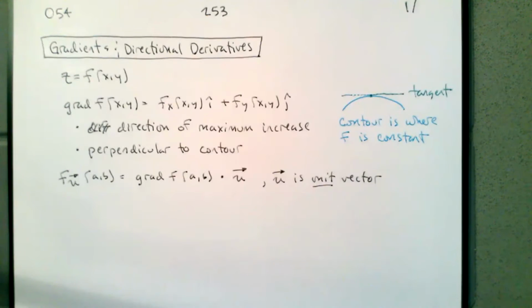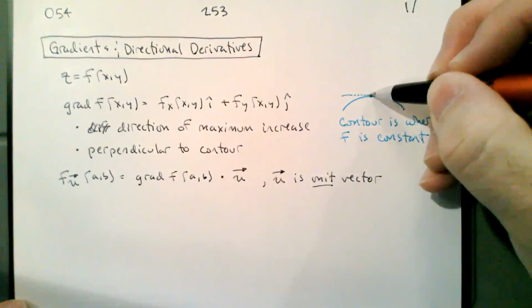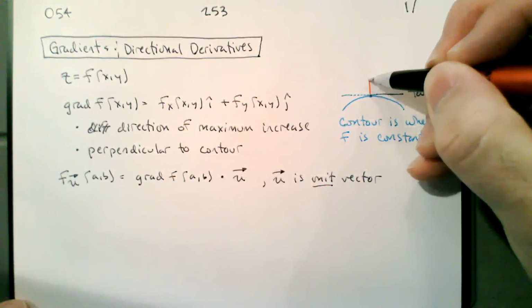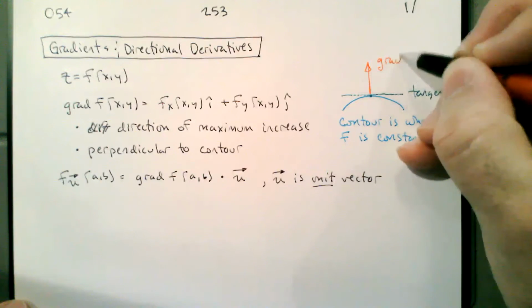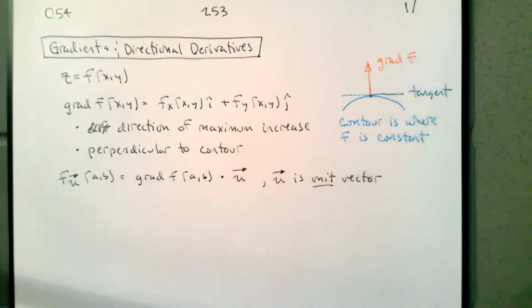If we're running tangent to the contour, if we're running along the contour, there's no change. The value of the function is not changing. That's how we built the contour in the first place. The gradient will be perpendicular to the contour. And that's going to be the direction of maximum increase.